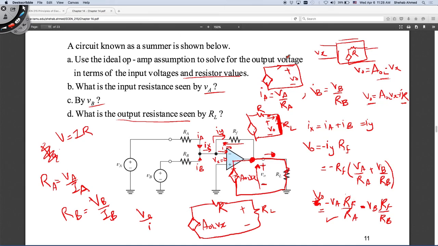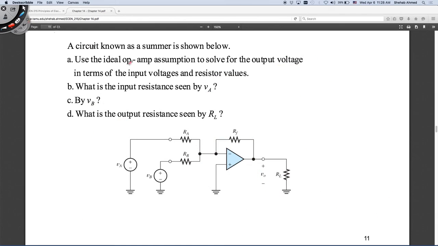If I want to find the Thevenin equivalent resistance seen by the output, how would I do it? This is my Thevenin, this is my op-amp output, this is my circuit. I will redraw it in terms of the ideal op-amp. So I have a source here, and this is my feedback resistance, and this is my output circuit.